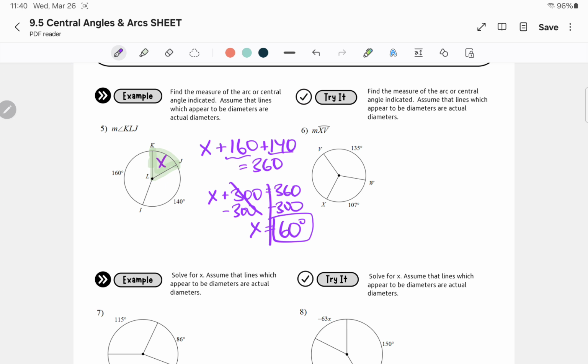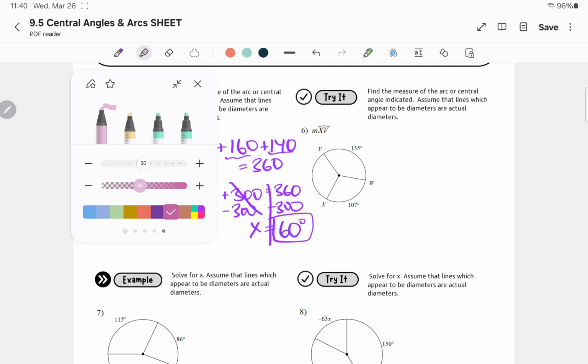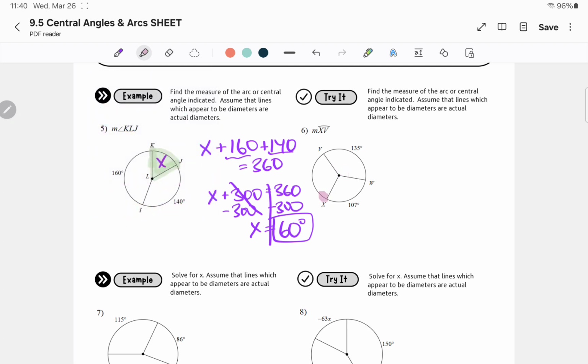Go ahead and pause the video, try number 6. All right, let's change up the color. So we have XV, so this arc here, so it's this whole pie piece. So we have x plus 135 plus 107 is equal to 360. We're going to combine like terms.